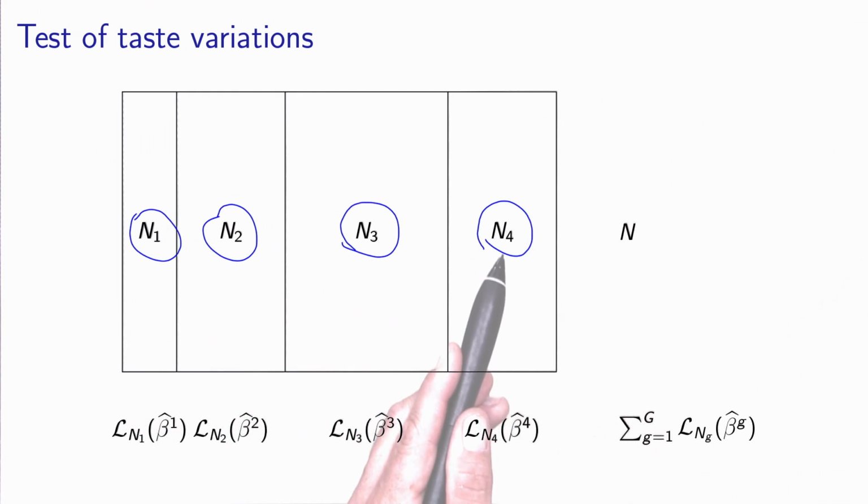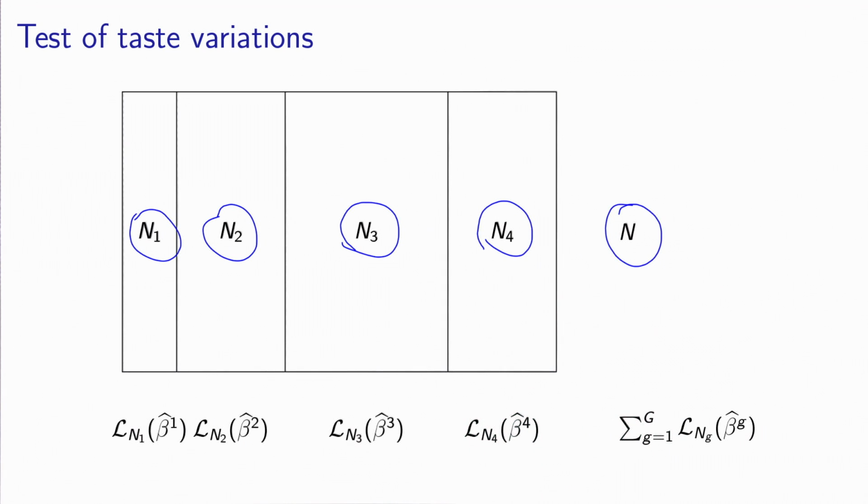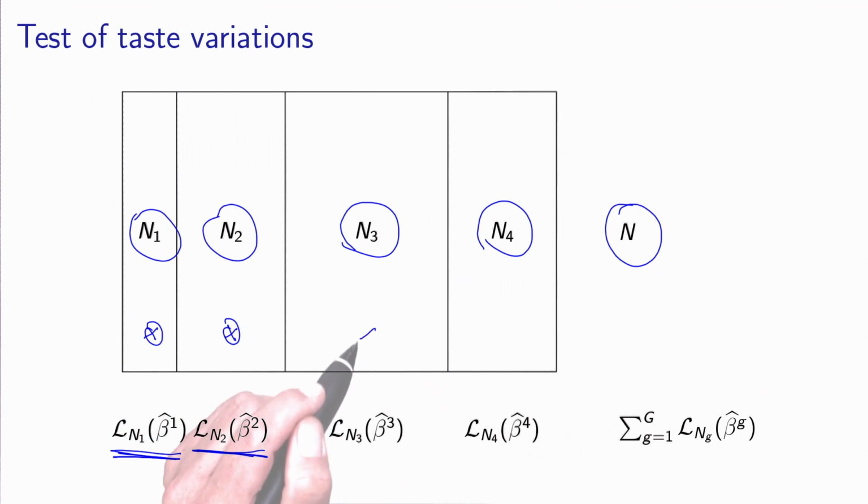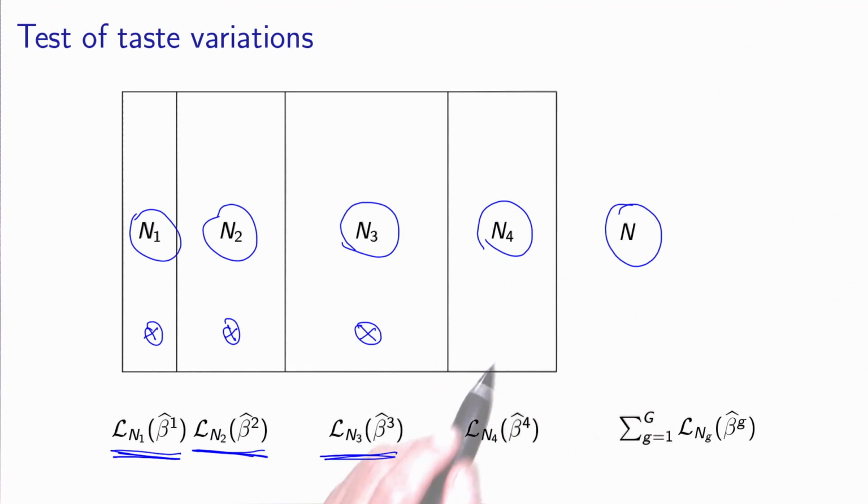So the total number of individuals in the sample is N. In order to calculate the value of the parameters for this segmented sample, we first estimate the model only using the first set of data, and we obtain a final log likelihood. Then we do the same for the second one, we obtain the second log likelihood, and so on, the third log likelihood, and the fourth. So this is easy to do. It's exactly the same model which is estimated, but on different data sets, group 1, group 2, group 3, group 4.